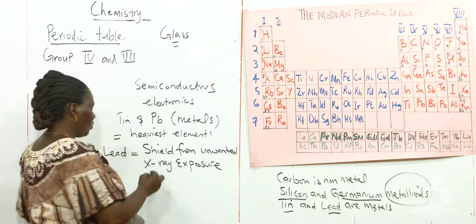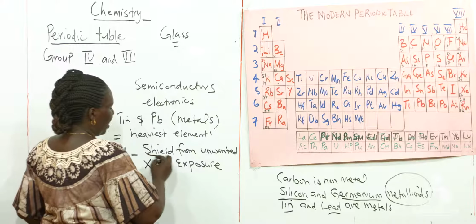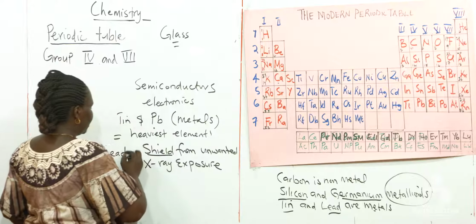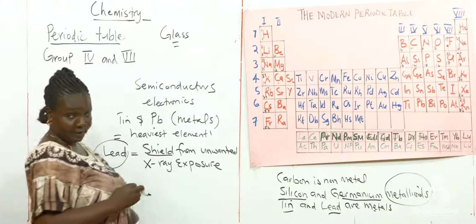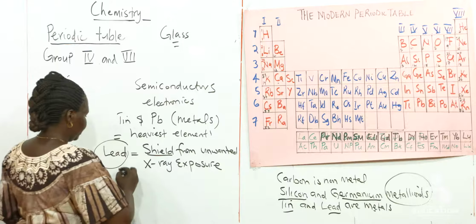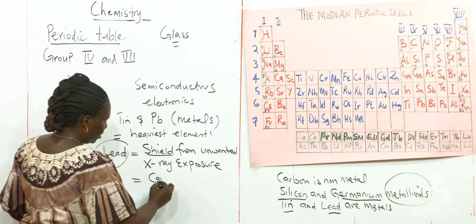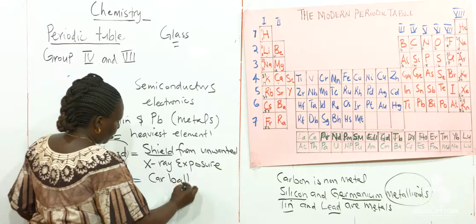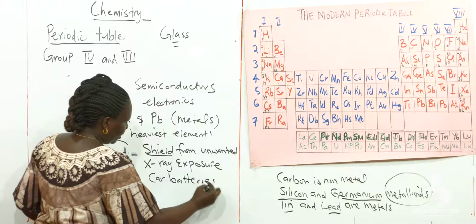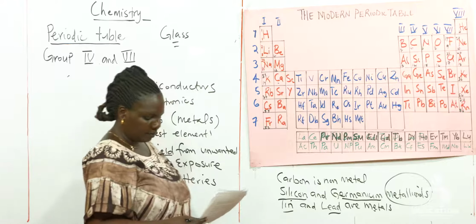So if we are taking X-ray, we need to cover ourselves with shields that are made of lead. We also get lead in car batteries. The black material in car batteries is lead.